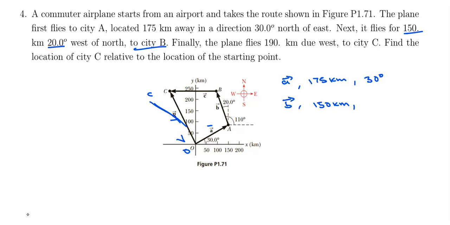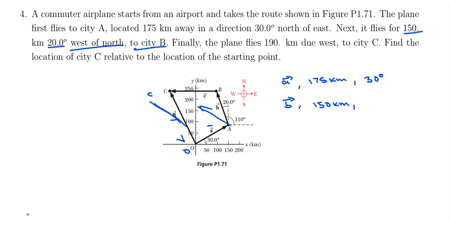When you hear the term west of north, it means that the plane was going west from the north. As you can see, it is moving from north going to the west. This is how it is moving.